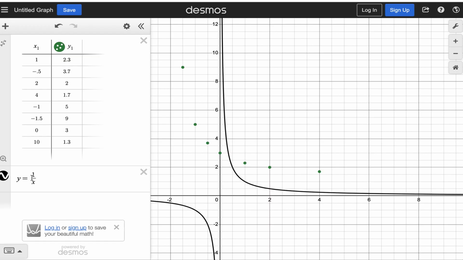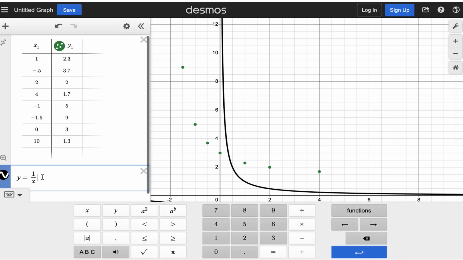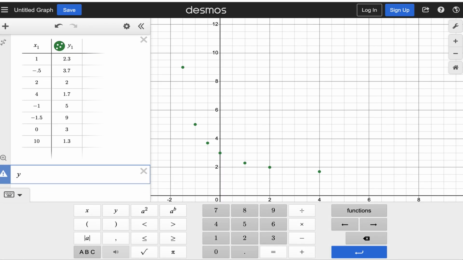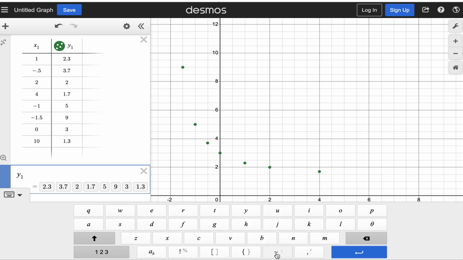So now, how do we get this Desmos to allow it to mess around with this curve? To do that, we go back to here and say, we want it to look at the y1 and make something with a, now we got to go to the tilde. And the equation was 1 divided by x, but we want it to be able to be flexible.